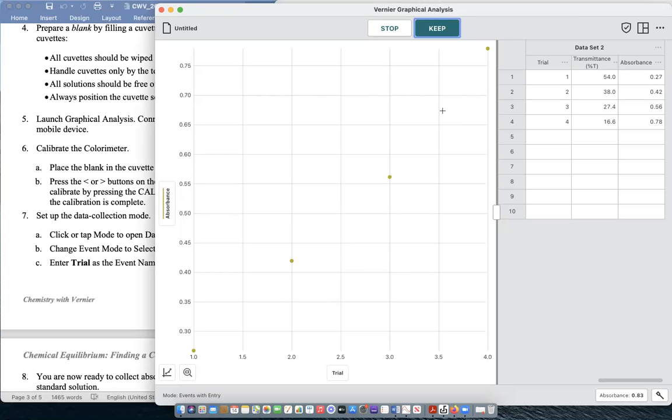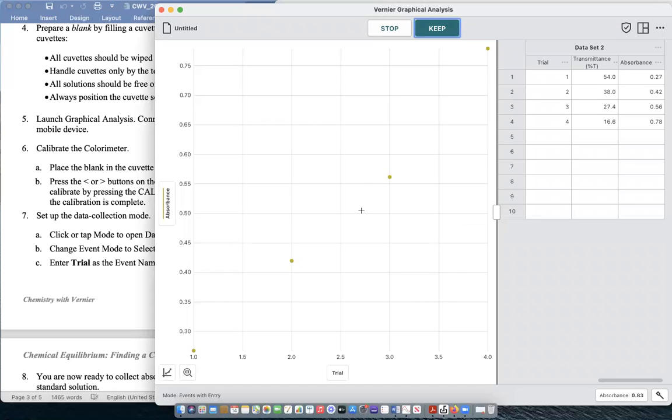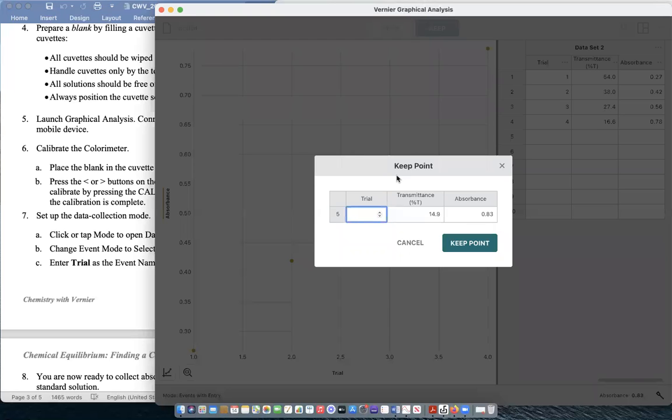What happened in that case is that we've used up almost all of the FeSCN and converted it over to the product. So if I keep that last one and record that as trial number 5 for test tube number 5. Okay, so let me keep that last one, number 5.